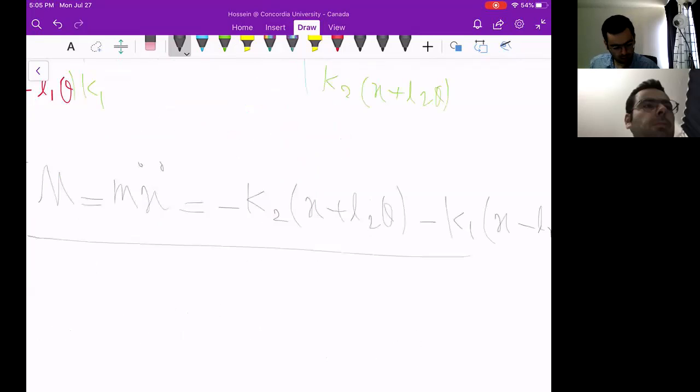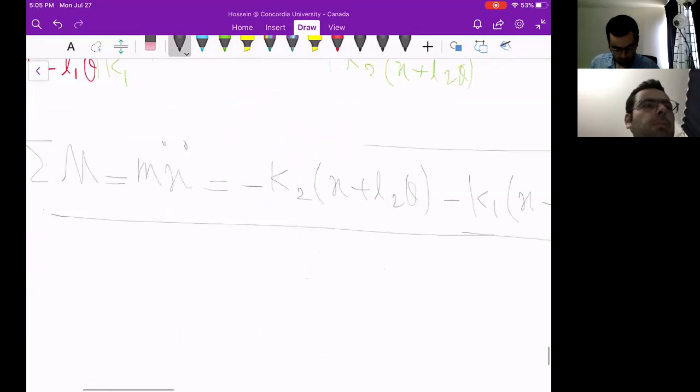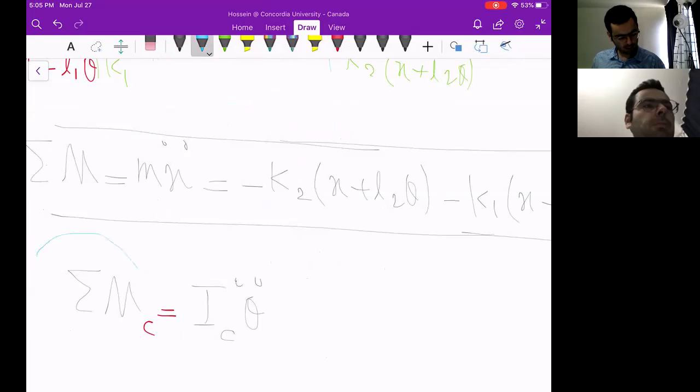There is also a rotational movement. The summation of moments around the center of gravity is I about the center of gravity times theta double dot. You could assume the positive direction is clockwise. The left spring creates a clockwise moment, while the right spring creates a counterclockwise moment.